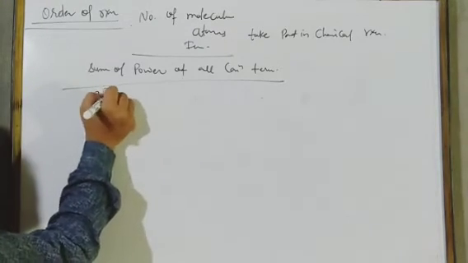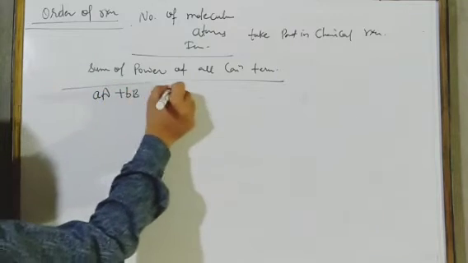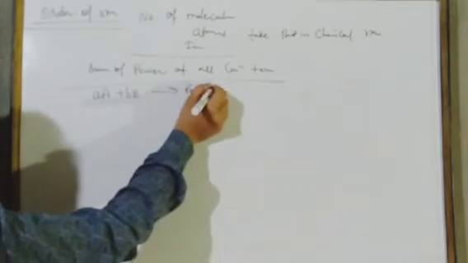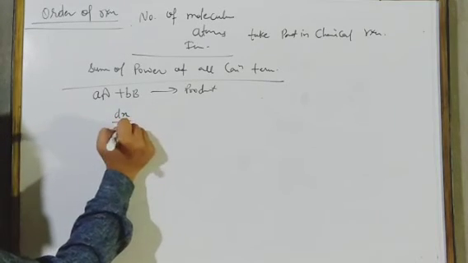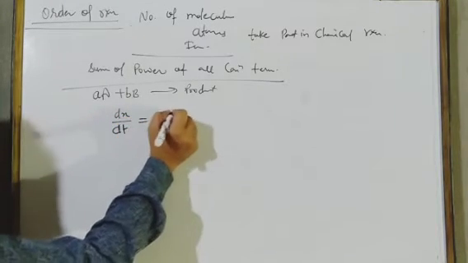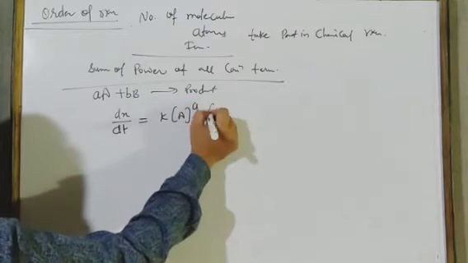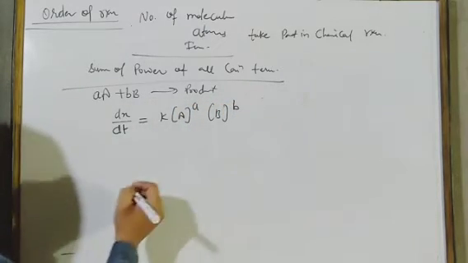Example, if we take this reaction, okay, so rate of reaction for this reaction will be dx over dt is equal to K, A raised to power a and B raised to power b.